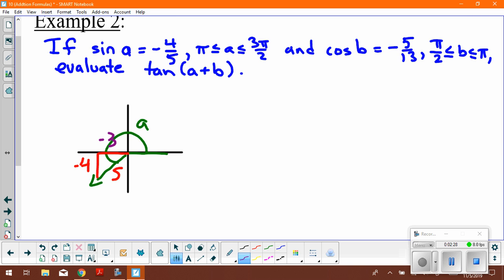Again, why this is going to be useful is because in a minute when I start to work on tan of A plus B, I can say that tan of A is equal to my opposite over adjacent. So it's negative 4 over negative 3, or just 4 over 3. Okay. So there's my first one.